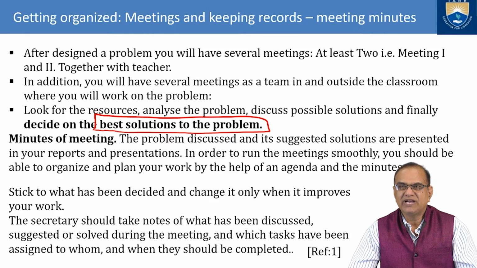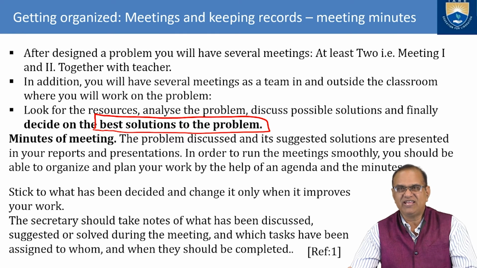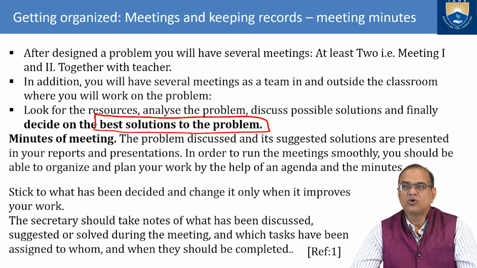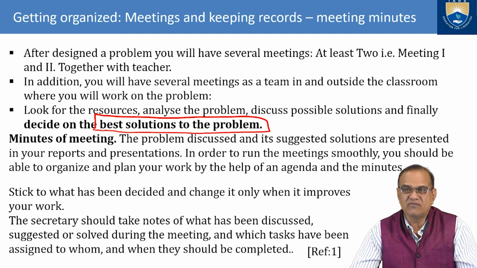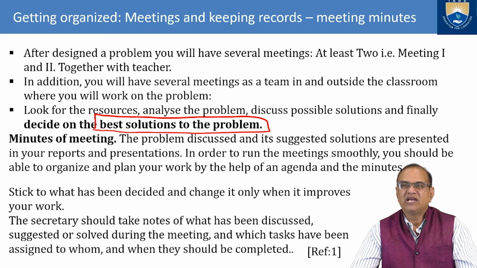The secretary should take notes of what has been discussed. Mostly this responsibility goes to the secretary, and the secretary has to note all the discussion, suggested or solved during the meeting, and which task has been assigned to whom and when they should be completed.